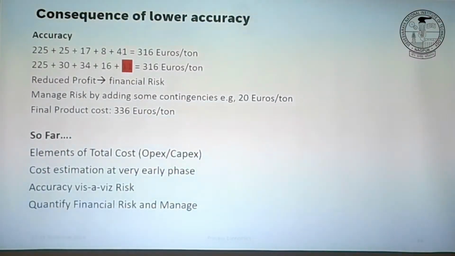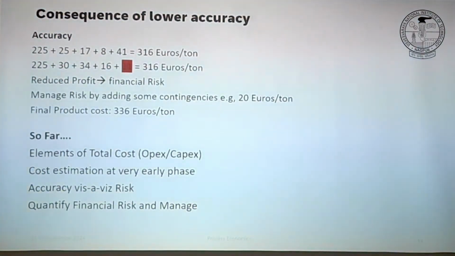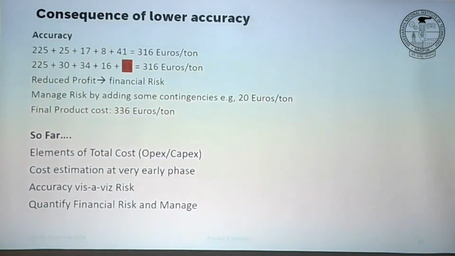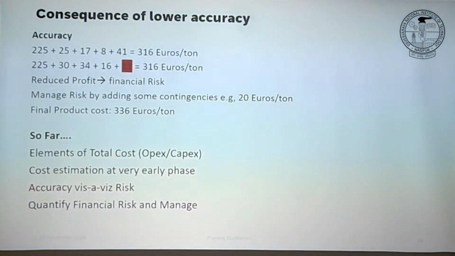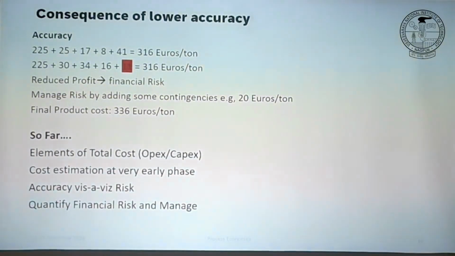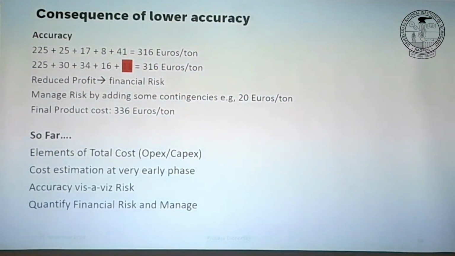So that's why it's very important to apply correct factors and do your estimation properly at early stage. You cannot do in the early stage a lot of calculations so that you have accurate estimation, but you need to balance uncertainty with some factors, with some contingency, with some plus minus accuracies.